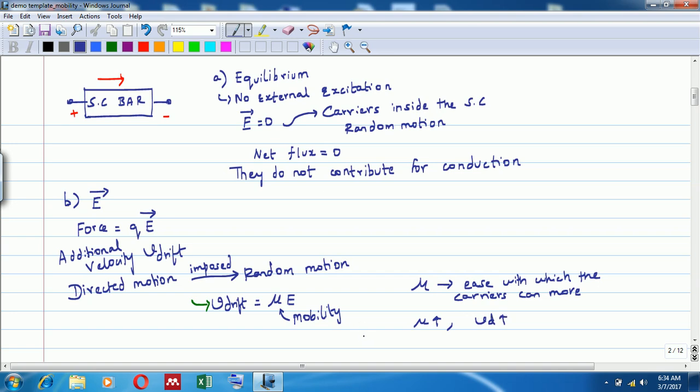So what are the units of mu? You can directly find out from this expression. You can see that mu will be V drift by electric field. So V drift will be expressed as centimeters per second, and electric field as volts per centimeter. So the units of mobility will be centimeter squared per volt second.